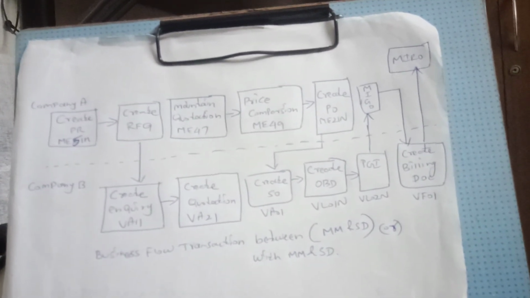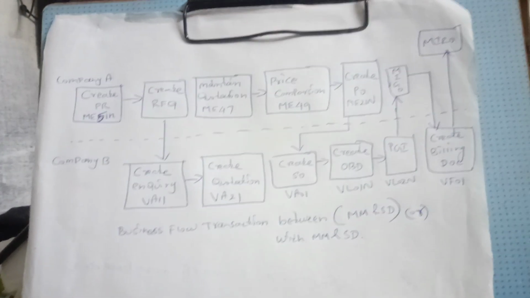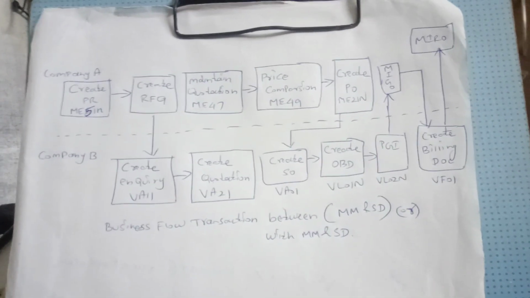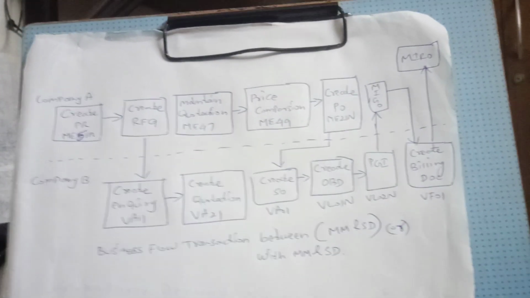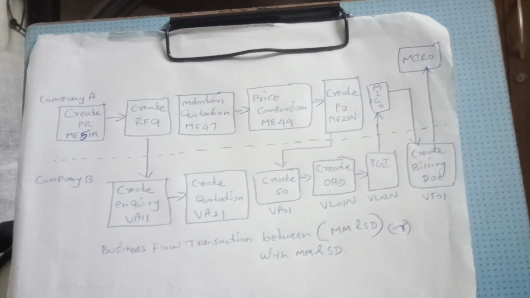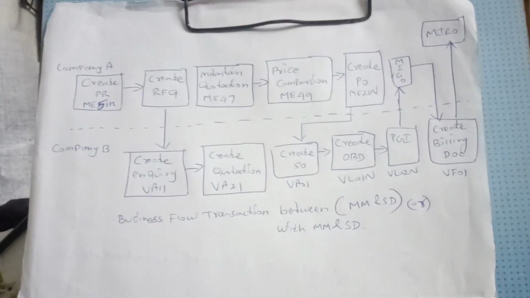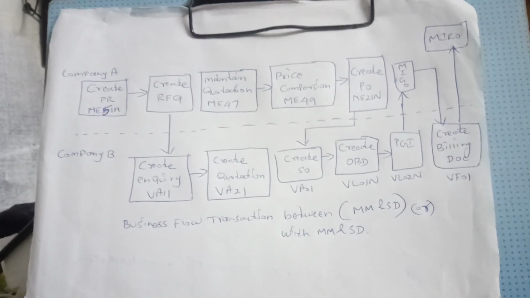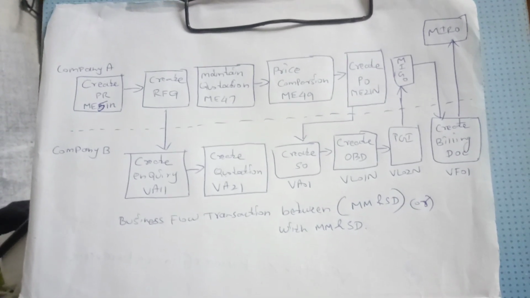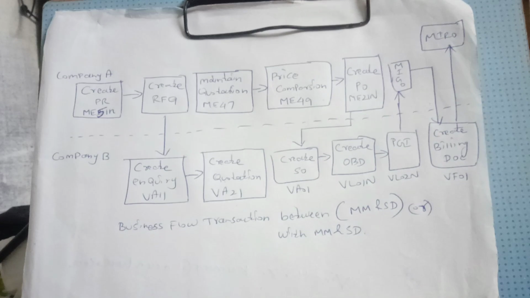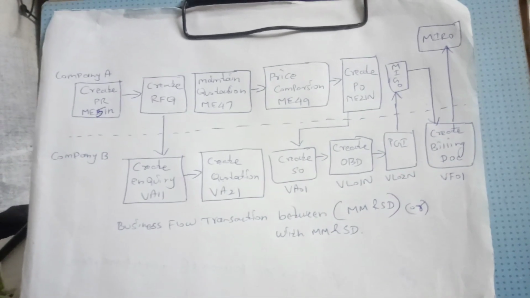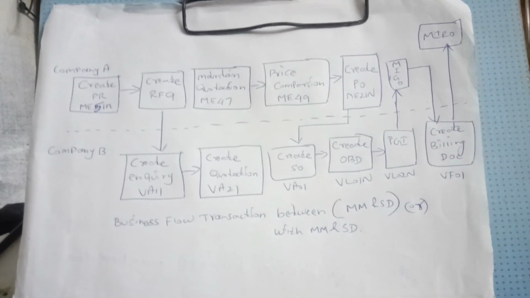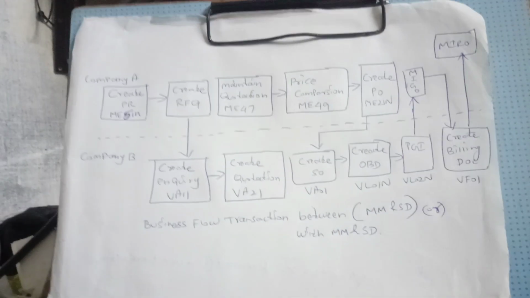The invoice coming to company A will be considered a vendor invoice. This is the main difference. The invoice created in company B is a customer invoice because they are invoicing company A. Once company A receives the invoice, it becomes a vendor invoice because company B is a vendor to company A. So it's very simple.